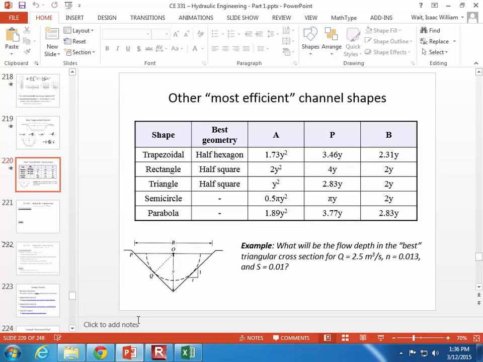So if we were actually building a channel to carry this much flow, one other thing I'll mention before we finish is that usually you add a little bit of additional headroom above where the water surface is going to be. That's called freeboard.